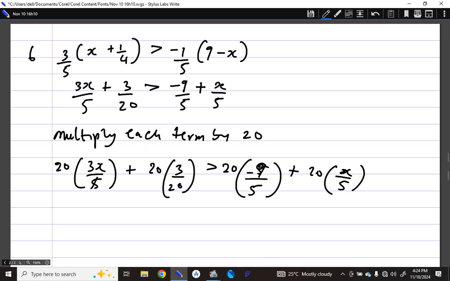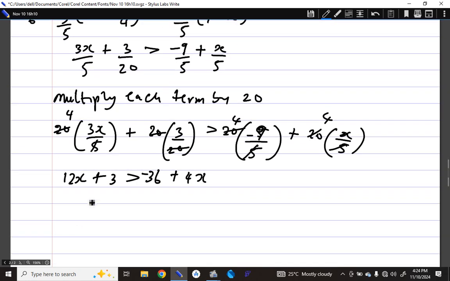Now see that this takes care of this. I'm having 4 here, 4 times 3 gives 12x. I'm having plus 3 here, is greater than this. 4 times this gives minus 36. Then this gives me 4, and 4 times this gives plus 4x.